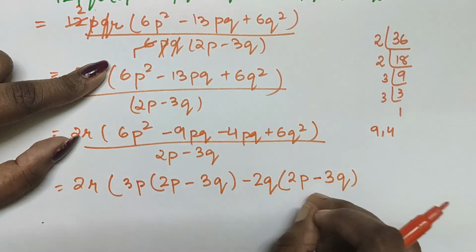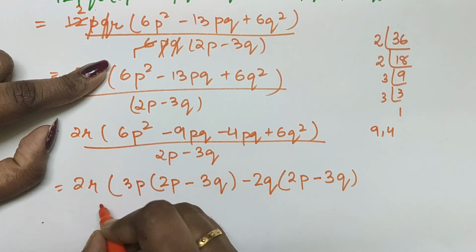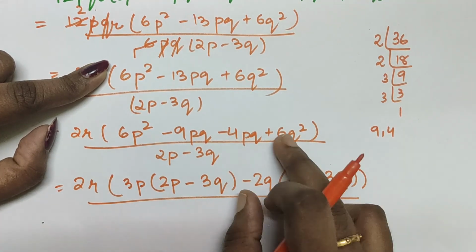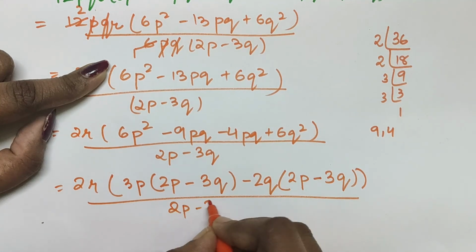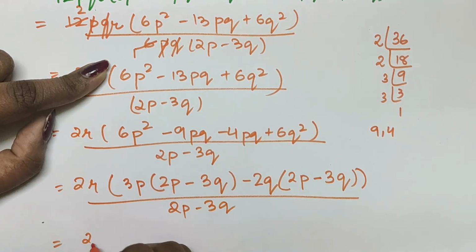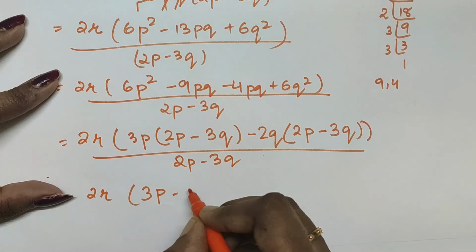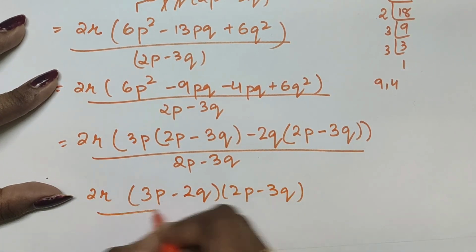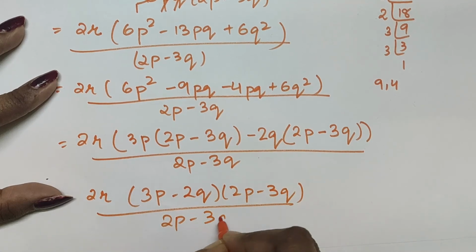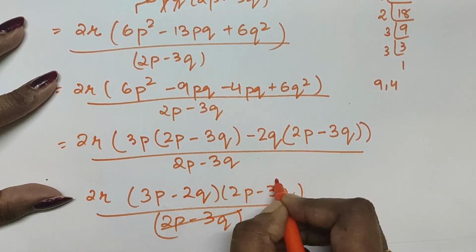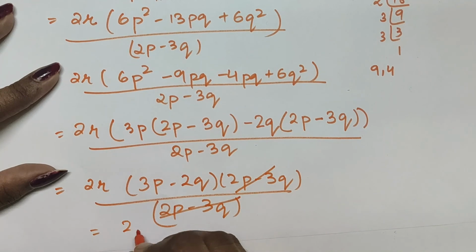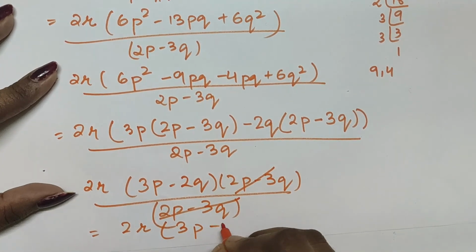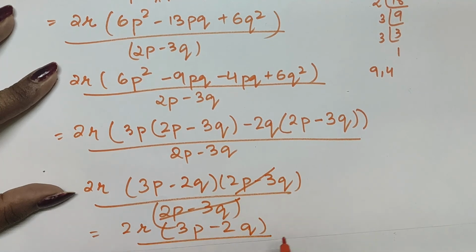When I have a 3q here, when I put a minus and minus, it will become plus. So now I can group them: 3p minus 2q into 2p minus 3q whole divided by 2p minus 3q. So this whole term gets cancelled, and finally we are left with 2r into 3p minus 2q, which is our answer.